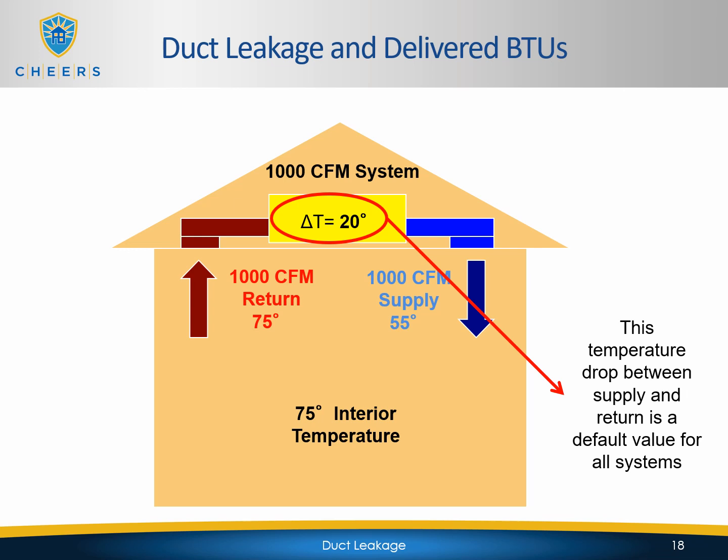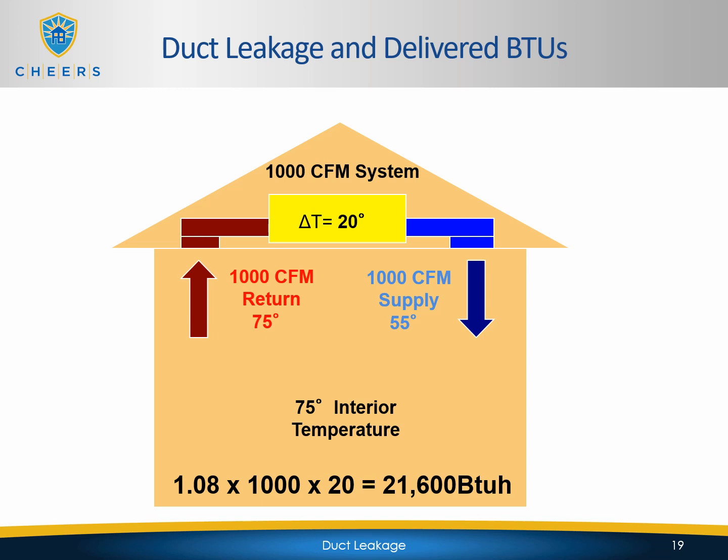So the difference between supply and return is 20 degrees unless you know otherwise. If the interior temperature is 75, then with a 20 degree difference, the supply temperature will be 55. If we plug those numbers into our formula, you're going to have 1.08 times 1000, which is the amount of air being supplied, times 20, which is the delta T, which equals 21,600 BTUs delivered.